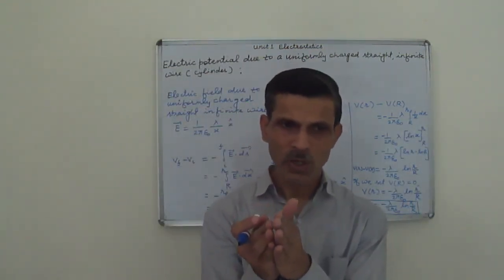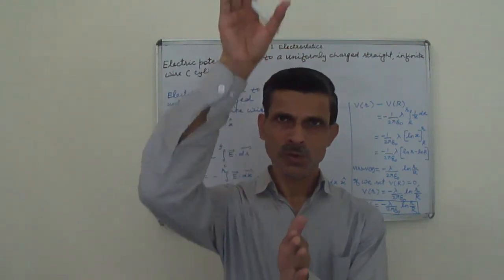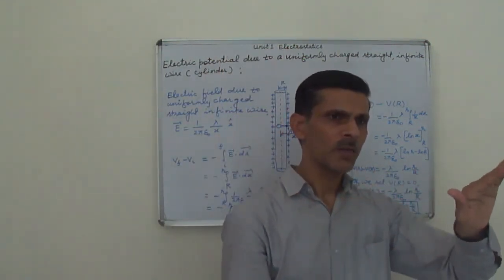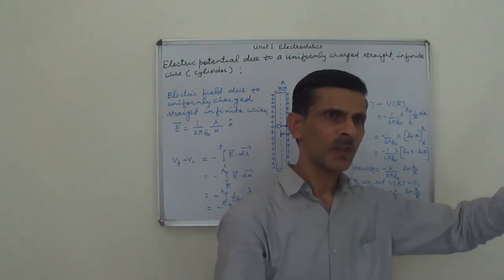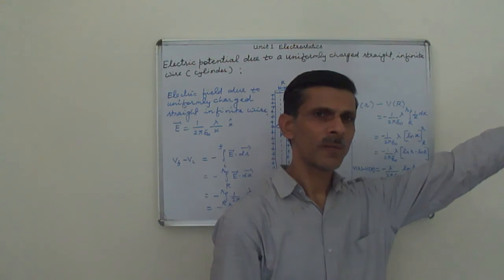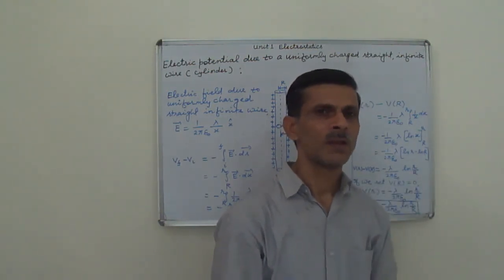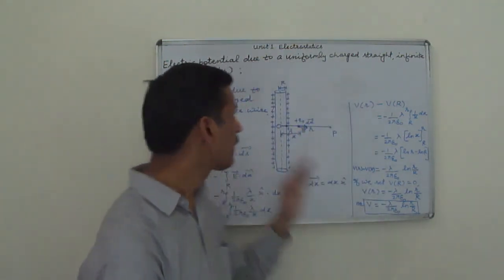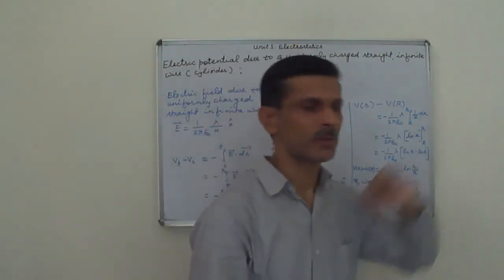Here we have taken potential 0 on the surface of the wire, and as we move away from the wire potential decreases and it becomes minus infinity at infinite distance away from the wire.